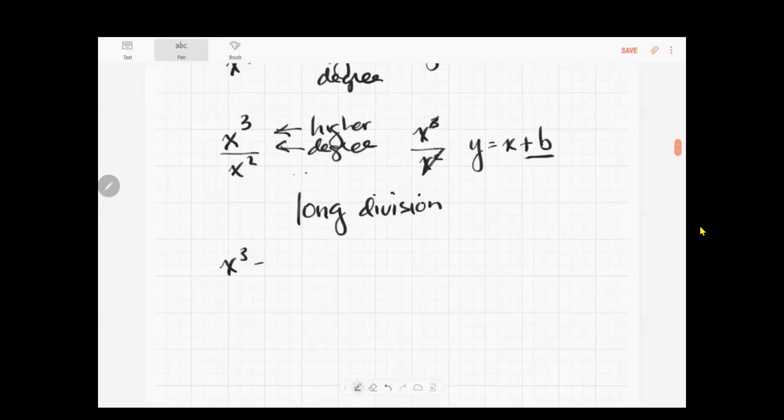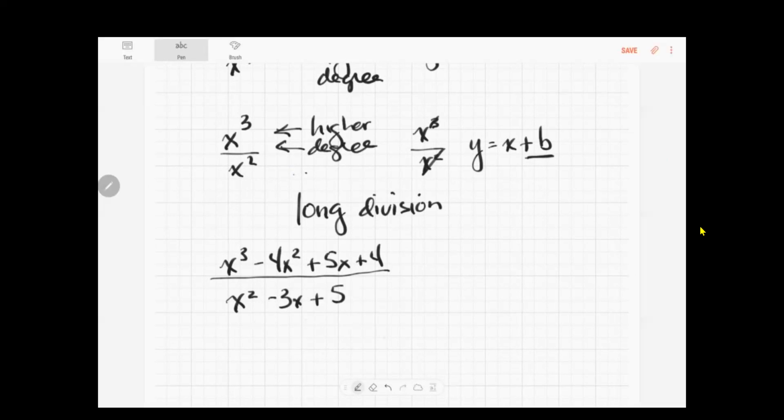So I'm going to make up a function here, x squared minus 3x plus 5.